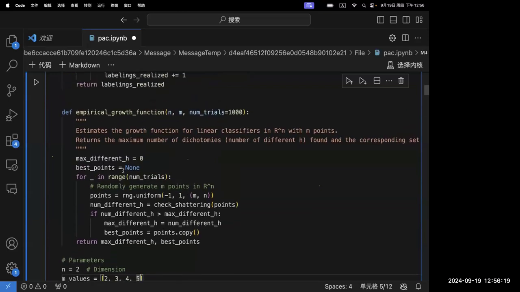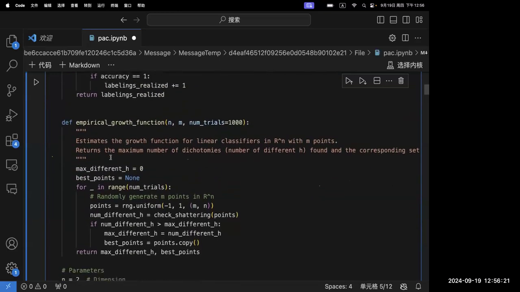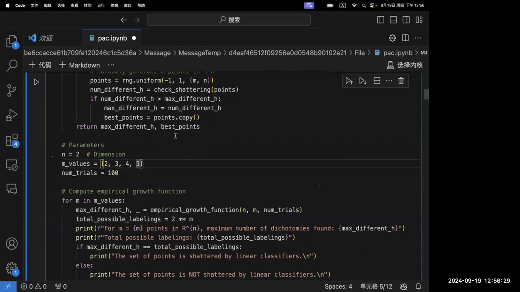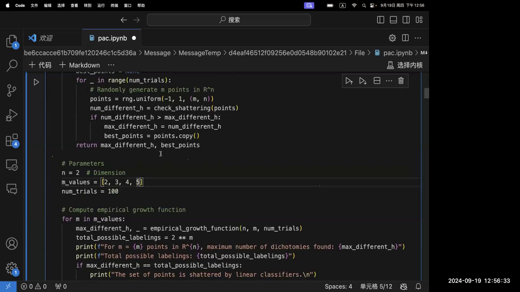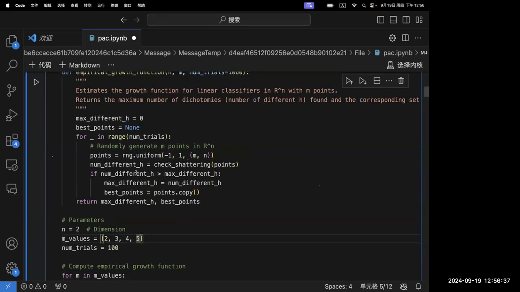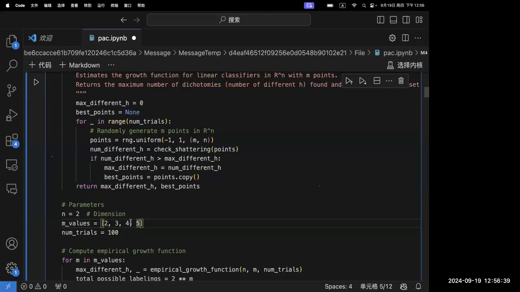So one step would be to define a function that can perform the shattering. As we just saw in the worksheets, to determine whether we can shatter a set of data points, we need to know the growth function of this predefined hypothesis class on this set of data points.